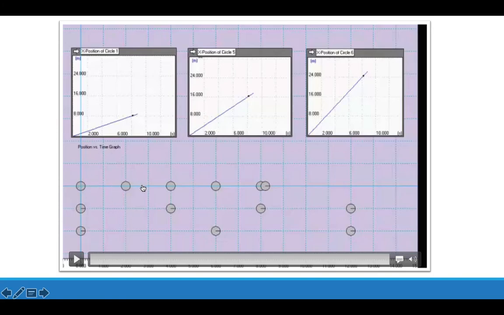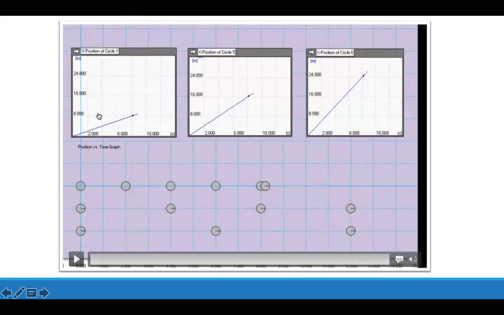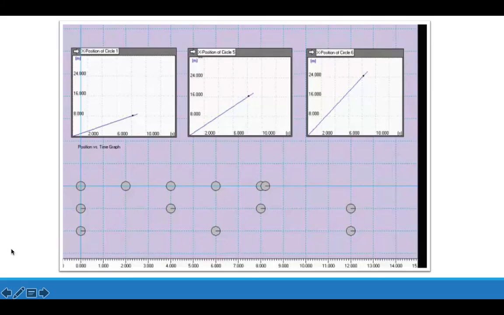So for the first one, it covers less distance every second that goes by, so it's a flatter line. And then the second one covers more distance every second that goes by, so it's steeper. And then finally, the last one covers much more distance every second that goes by, and it's very steep. So this is just a little animation that shows us what the position versus time graphs would look like for these different motions, where the dots represent where that object is every second that goes by.